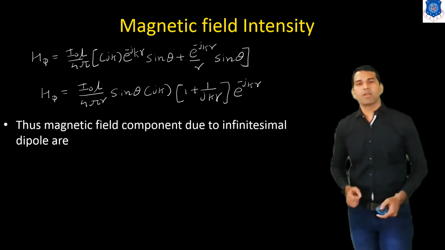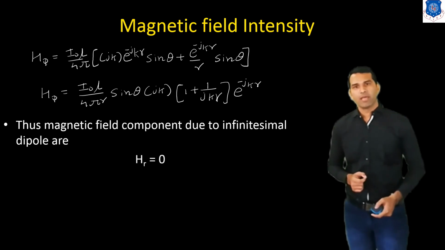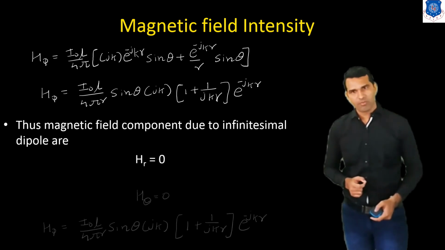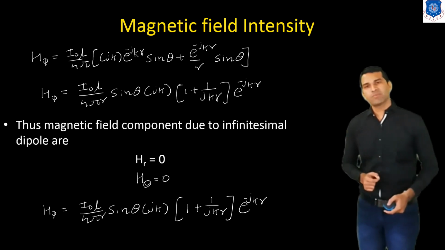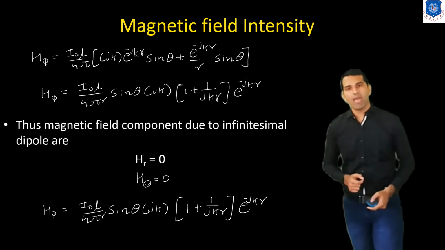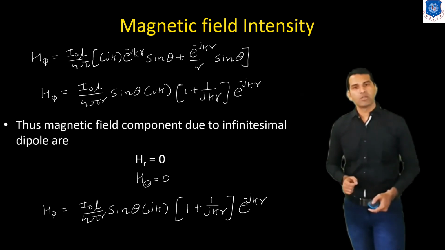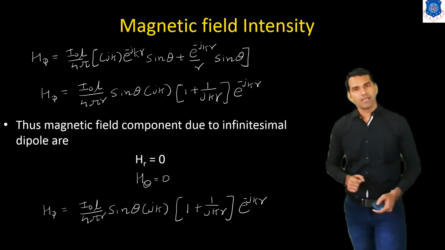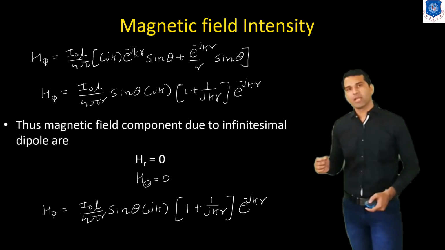Thus the magnetic field components due to the infinitesimal dipole are Hr equal to 0, H theta also 0, and H phi equal to I0 L upon 4 pi r sin theta, jk into 1 plus 1 upon jkr, e raised to minus jkr. So this is the magnetic field intensity, or we can say the magnetic component, for the infinitesimal dipole or oscillating dipole.